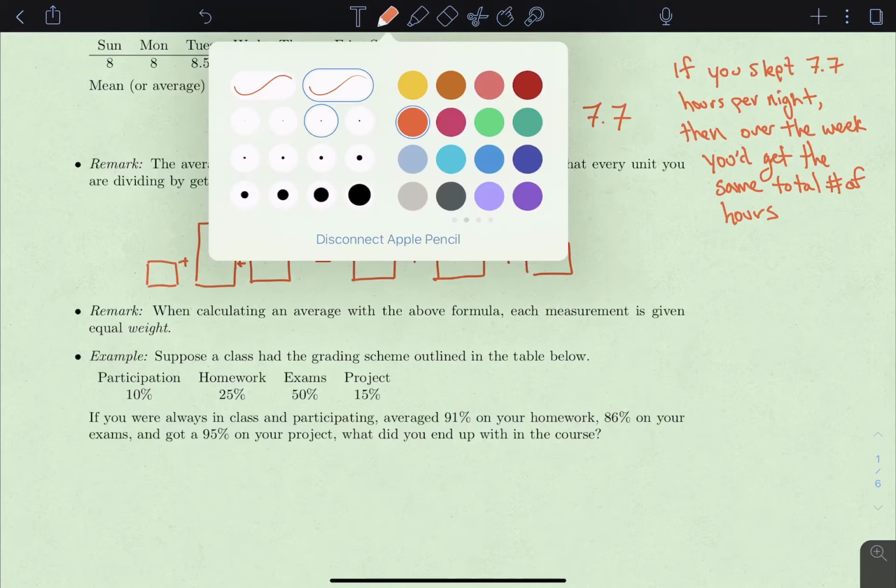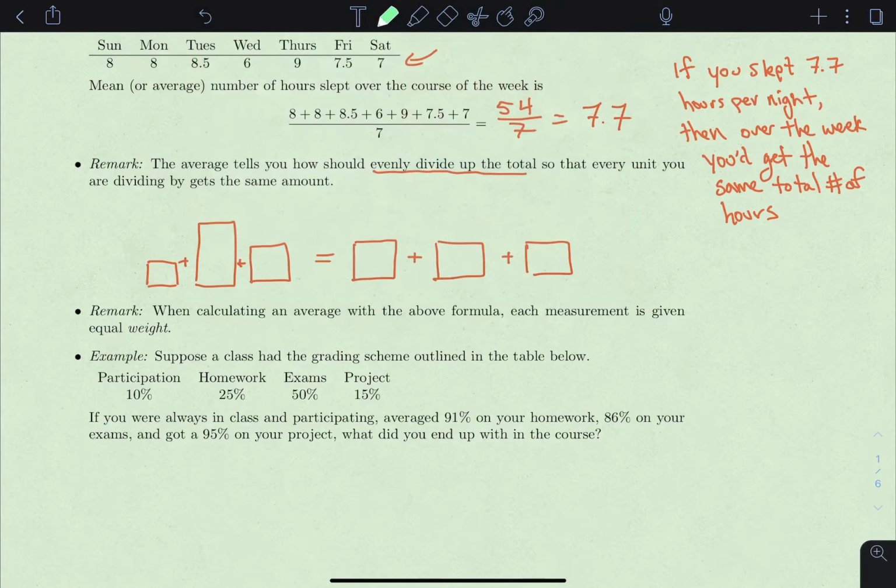On the left, these would be like the individual elements of the distribution, whereas over here, this would be what you might consider the average value. So that is the typical mean.